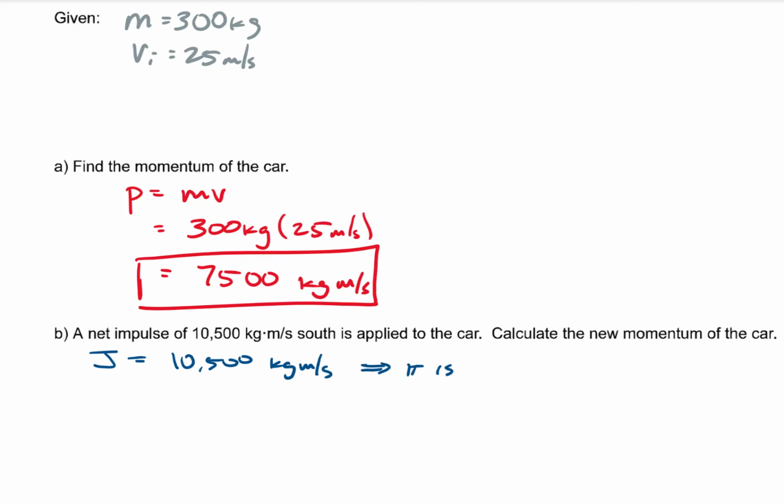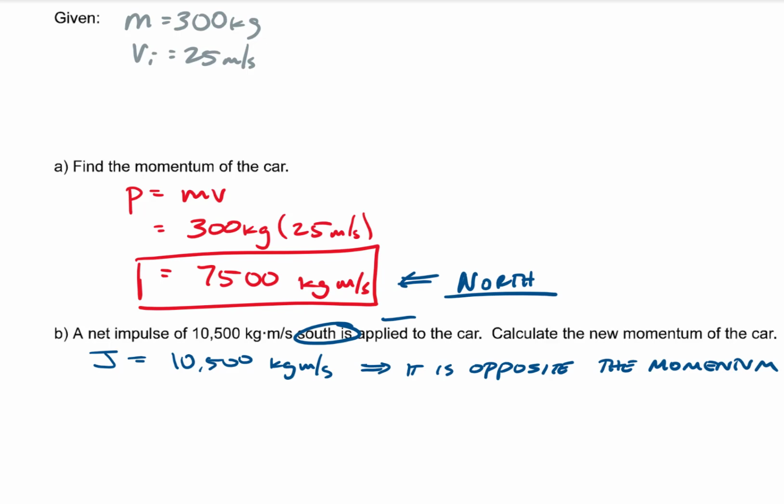But it is opposite the momentum of the car. That momentum, 7,500 kilogram meters per second, is north. This net impulse is south. So it's going to have to be negative. So the impulse is negative 10,500 kilogram meters per second.